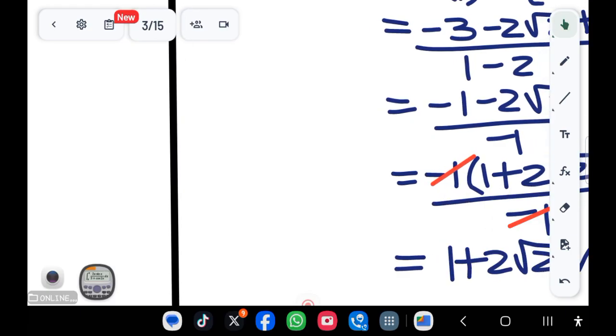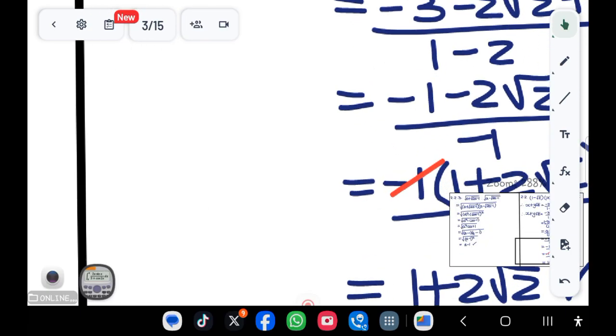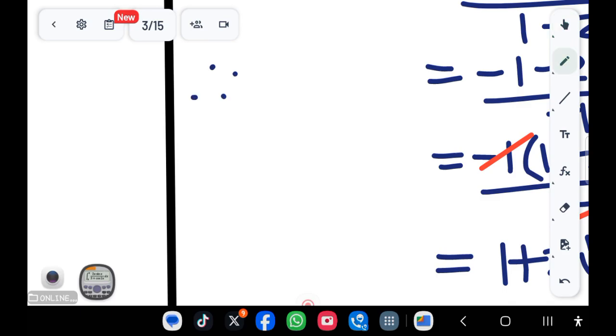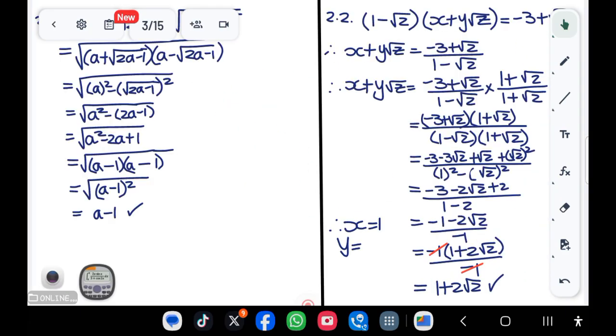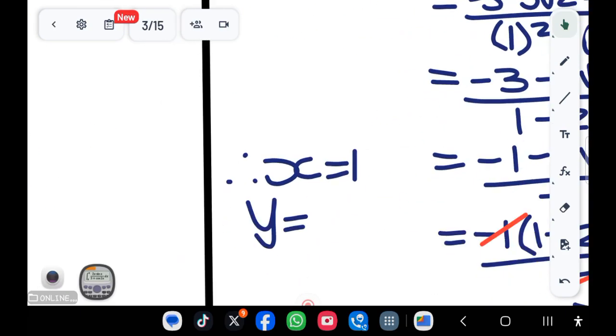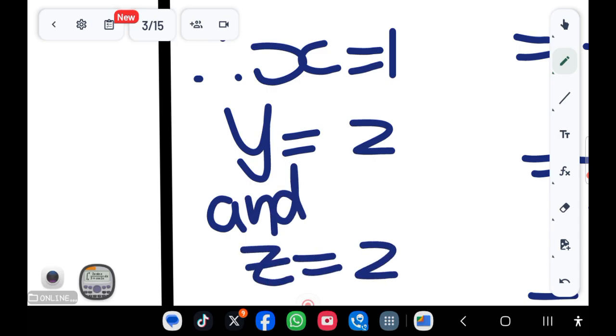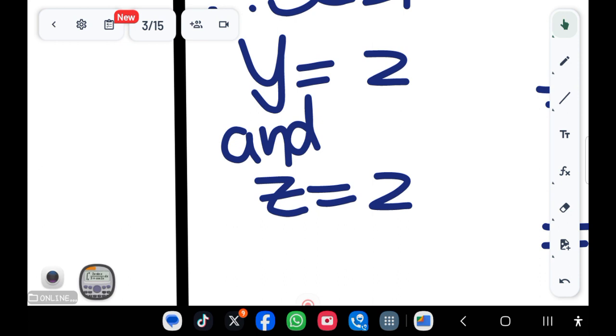Therefore x equals to 1. Y equals to 2. And z equals to 2 is the answer.